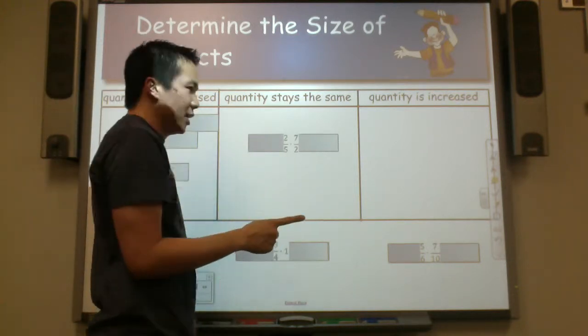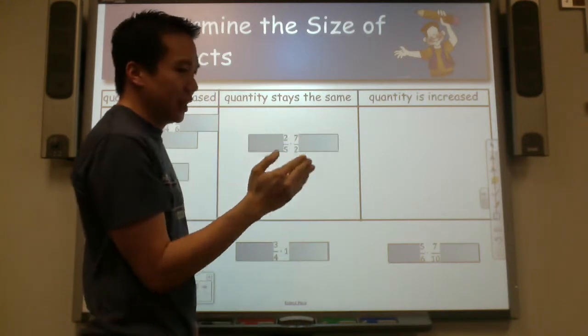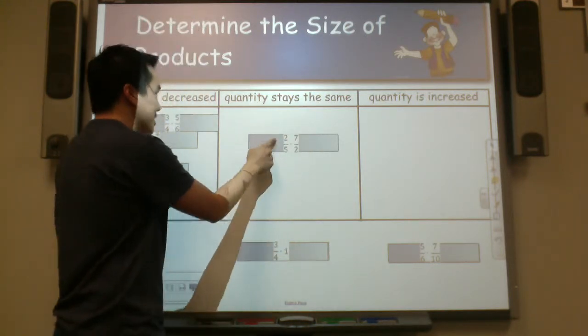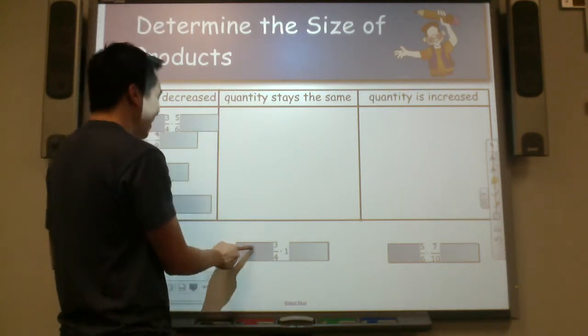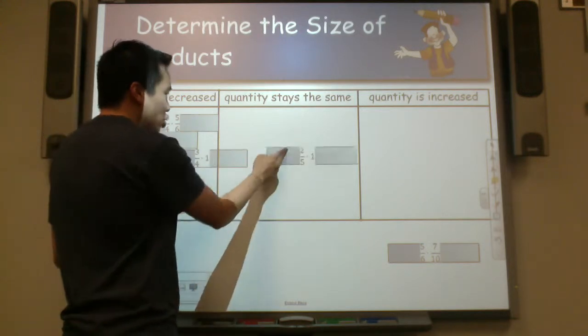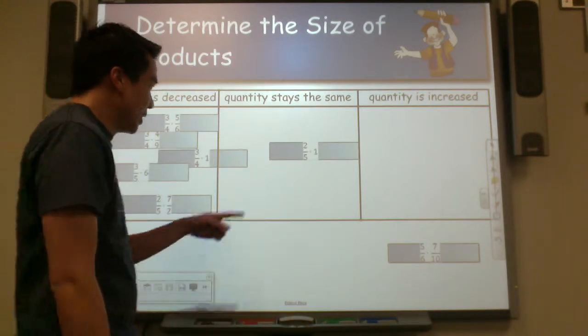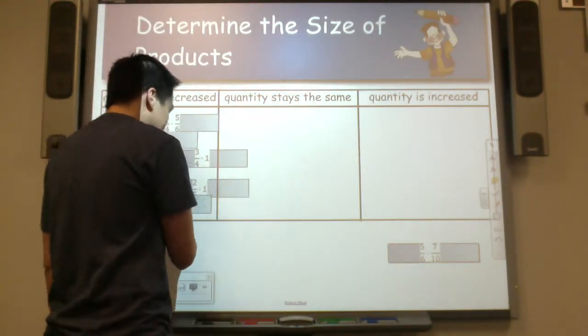2/5 of 7/2. Is 2/5 greater, equal, or less? 2/5 is less. Kind of weird if they all decrease. 3/4 times what? 3/4 is less. 2/5 times 1. Is 2/5 greater, less, or equal? It's less.